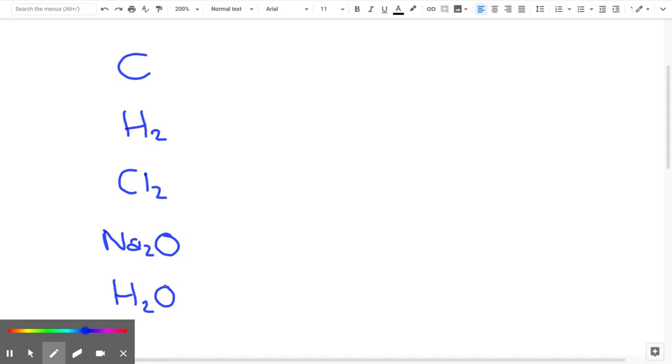Carbon-12. This is the defining standard, and we know that for carbon, this is one atom of carbon. 1 mole of atoms of carbon will have a mass of 12 grams as defined by the mass number of carbon, which is 12. As I say, this is the defining standard. 12 grams of carbon will have 1 mole of carbon-12 atoms within it.